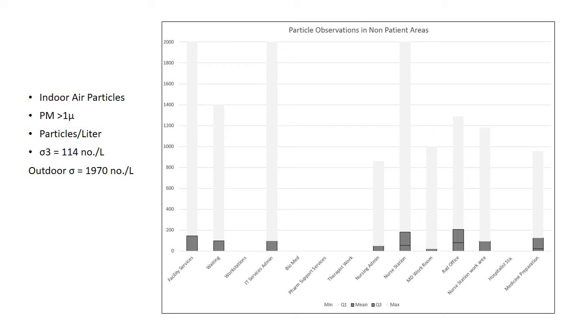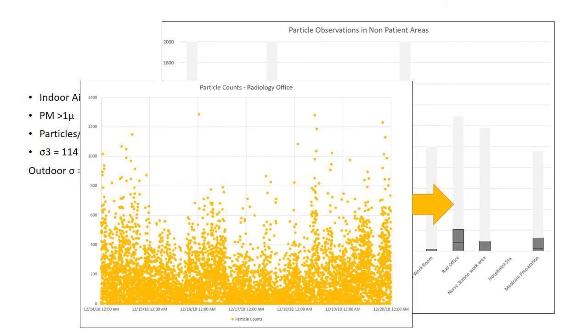Just to show you what that data looks like, this is the data for one of those rooms, the radiology office. You can really see there's a ton of data down at 0. In fact, almost half of the data is down at 0. In some of these other rooms, 2/3 of the data is down at 0.